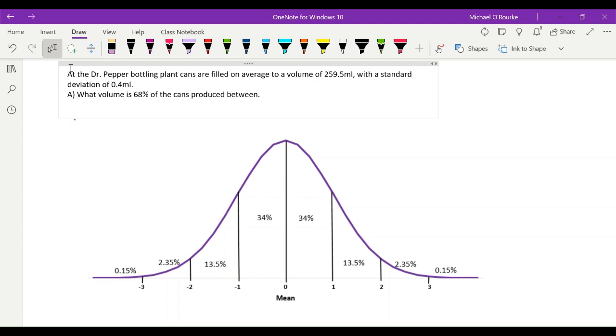So what volume is 68% of the cans produced between? Can cannot hold more than 260.3.